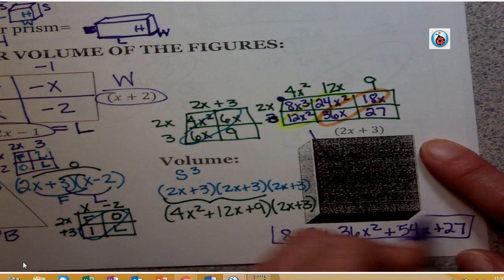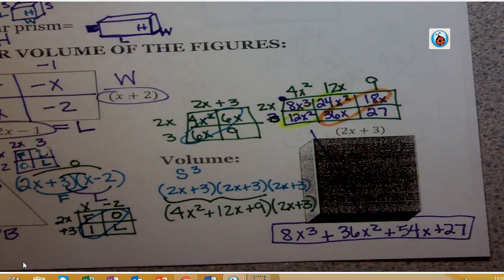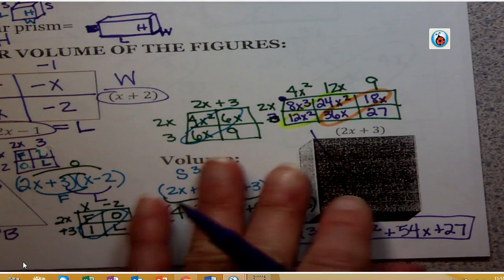So there is my answer. I cannot simplify that any longer. Okay, good luck.